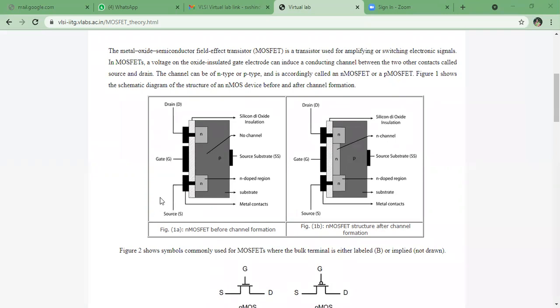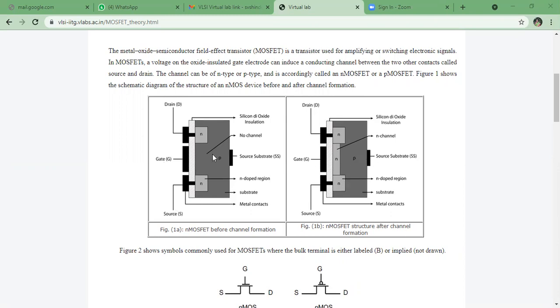So here is the diagram, with source and drain of type N, and the substrate of type P. This is the oxide layer, this is a metal deposition, and this is the gate terminal. So this is regarding the N MOSFET.